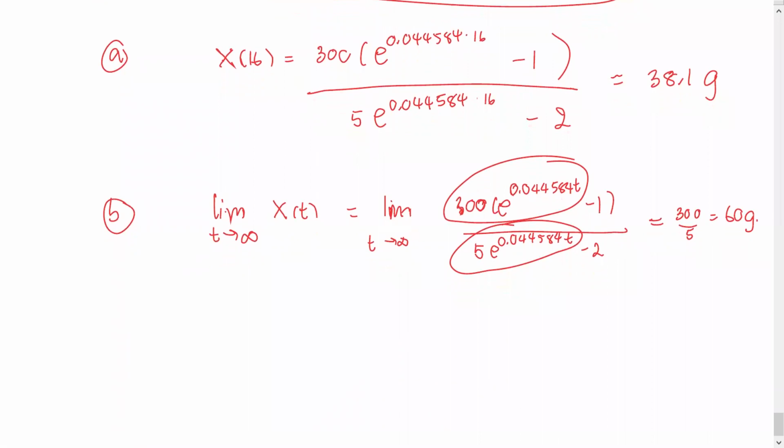Okay, that's part B. And then part C asks for how much of chemical A and B remains after a long time.